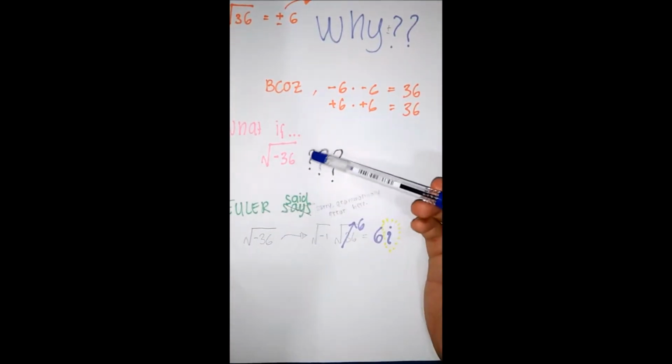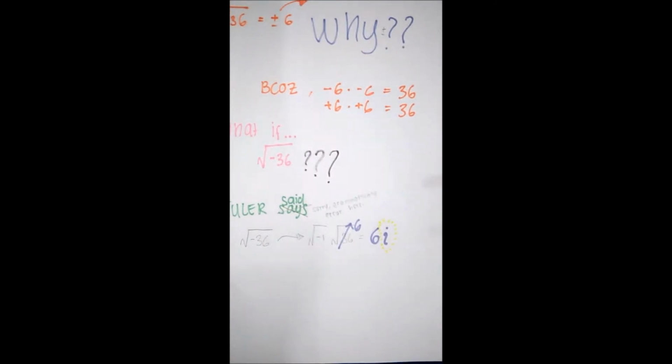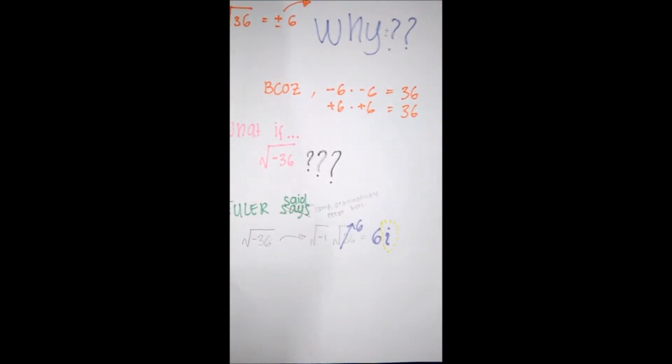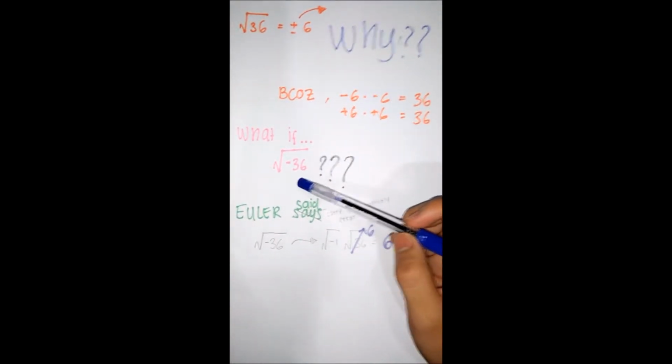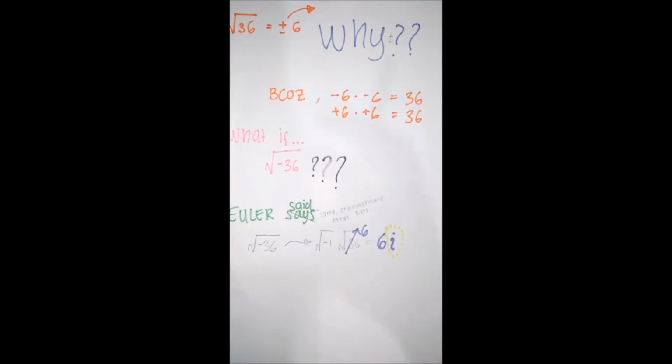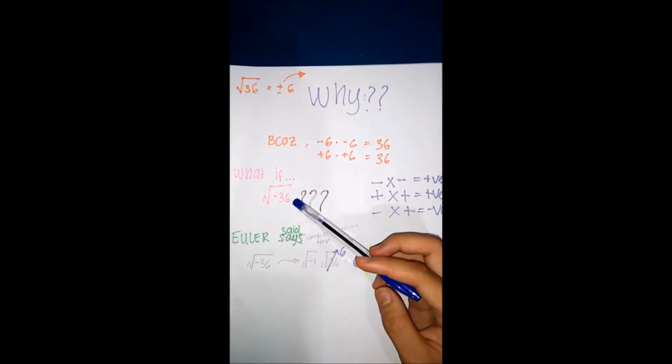So in this case, what is the number that, if you multiply it by itself, gives a value of negative 36? I'll give you another 10 seconds to answer that. Okay, time's up. I am very sure that you don't have the answer for the square root of negative 36.